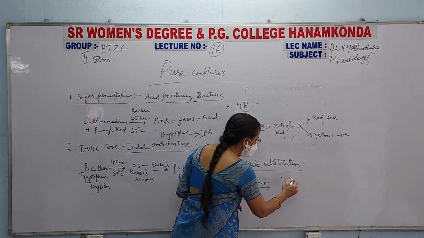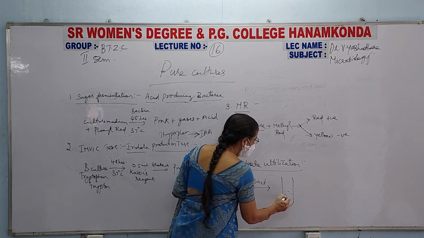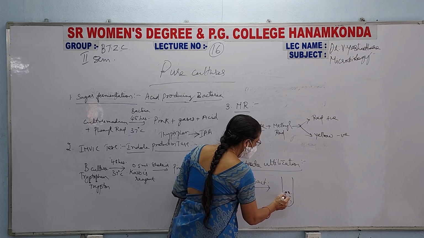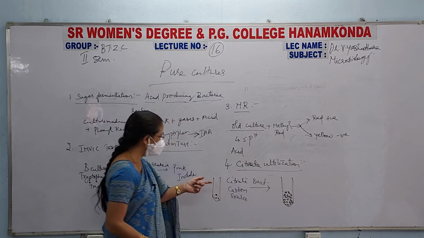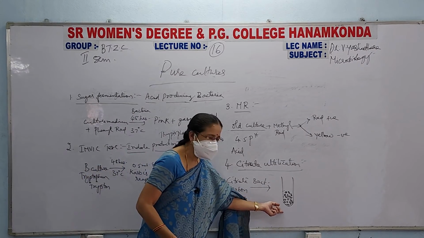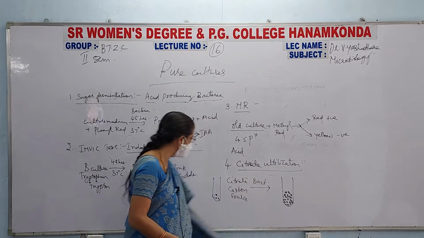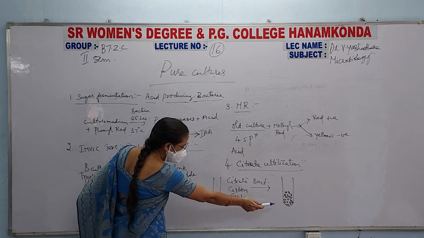At the end of your experiment, the medium is completely filled with bacteria and becomes turbid. The turbidity indicates that the citrate is utilized as a carbon source and the bacteria have grown. This test is known as the citrate utilization test. Can you see the difference between these two?